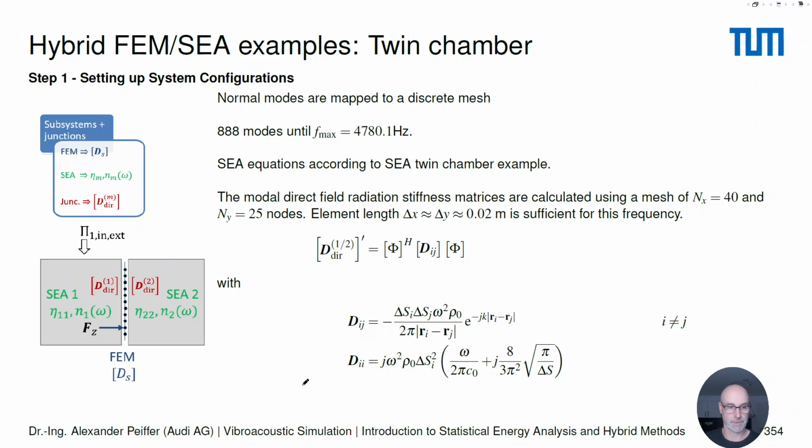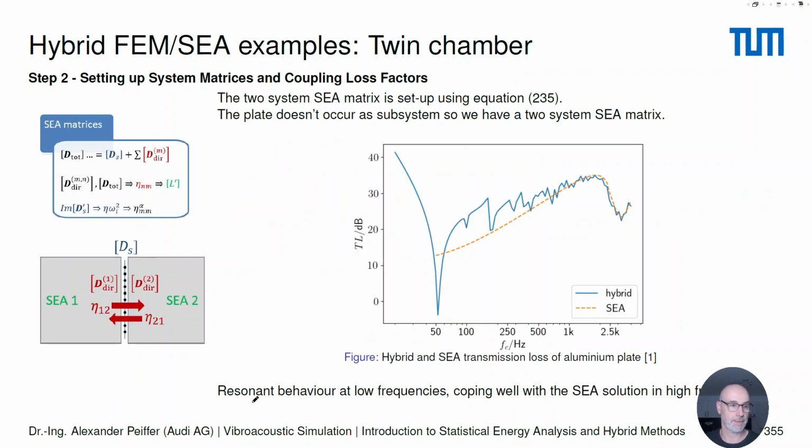Good. So then we come to step number two, setting up the system matrices in detail. The most important matrix, as stated before, is the total stiffness matrix. We take the stiffness matrix of our plate in the middle here, the deterministic version, and add all the direct radiation stiffness matrices to create the total stiffness matrix.